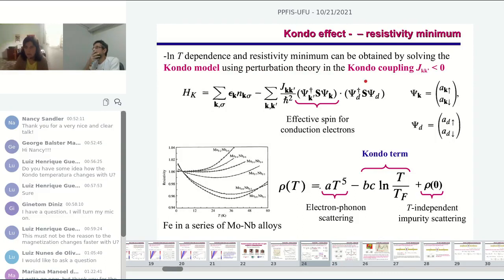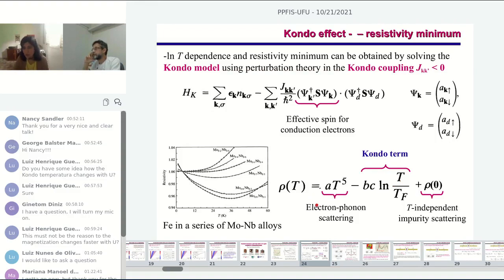So this corresponds to the spin of the impurities, and they are coupled to an effective spin coming from conduction electrons, which gives rise to this other S here. So it's like an S.S coupling. By solving this model using perturbation theory, Kondo got this minus ln of T in the resistivity.